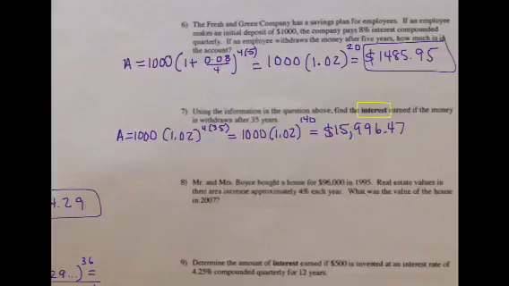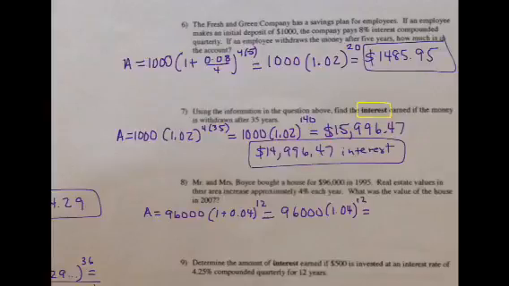If you put in $1,000 and after 35 years you have $15,000, then the interest that you won is going to be $14,996.47 because you just subtract 1,000 from 15,000. So this is how much interest you have.